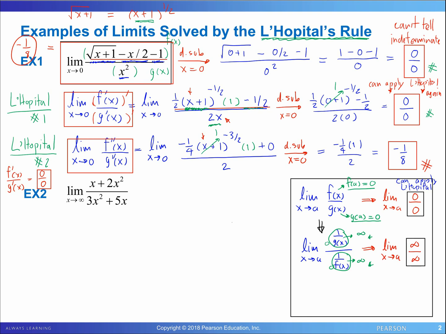But as you can see here, these two limits are actually equal to one another. Equal. They just look different because of the rearrangement. This means that they are technically the same, which also means that if you can apply L'Hopital's rule for this one, you can also apply it to this one down here. So make a note, can also apply L'Hopital's.